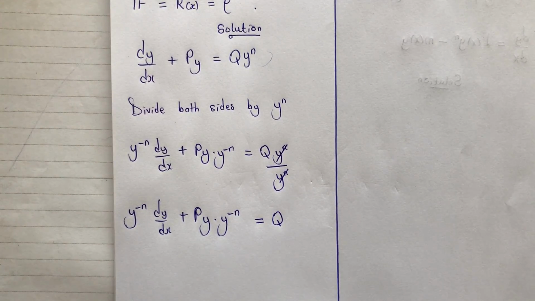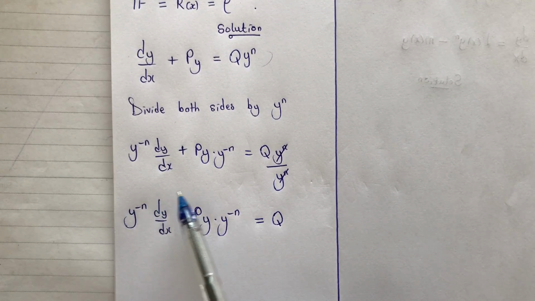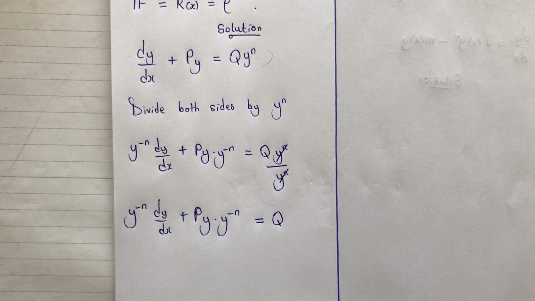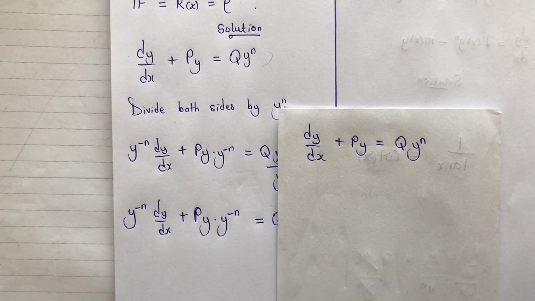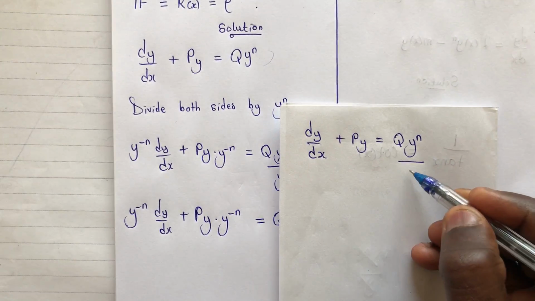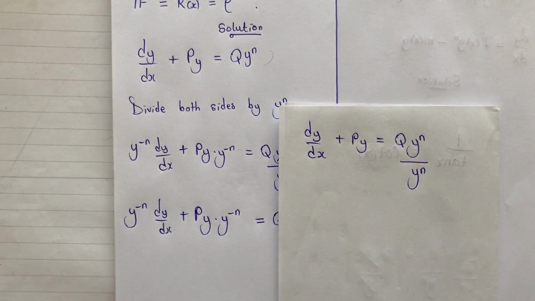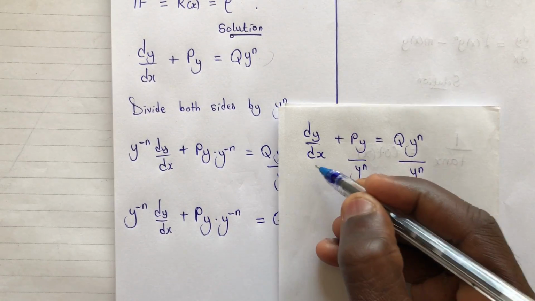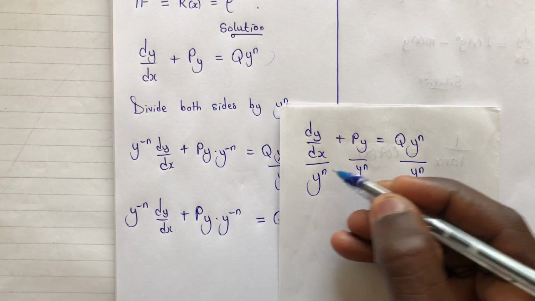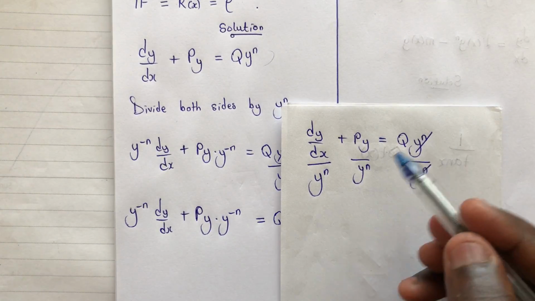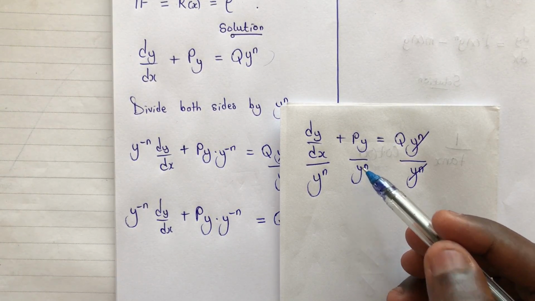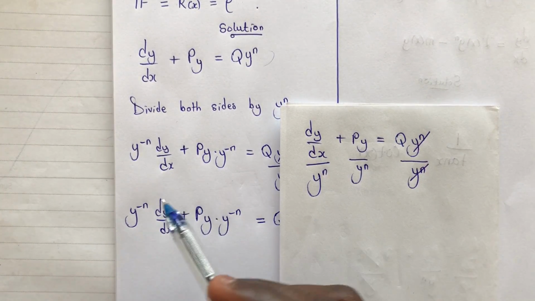Let me come back here and explain how I was able to get this. This is our function, and we are dividing through by y to the power n. So this side y^n, this side y^n, this side y^n. This will take care of this. Now this is division, so I need to change it to multiplication.